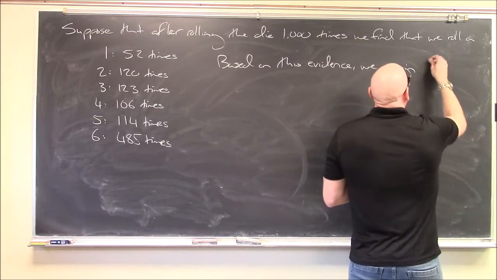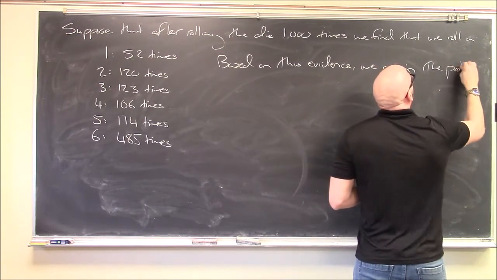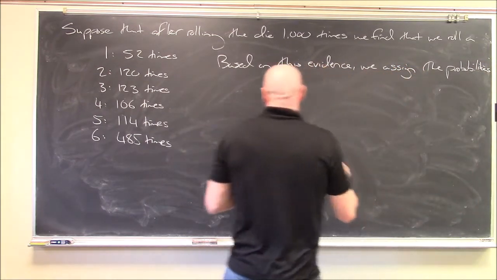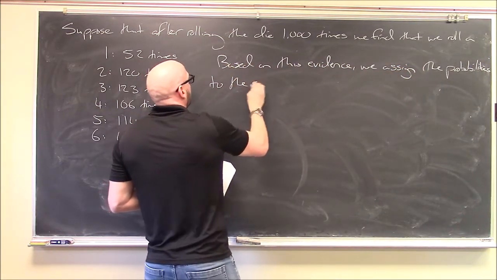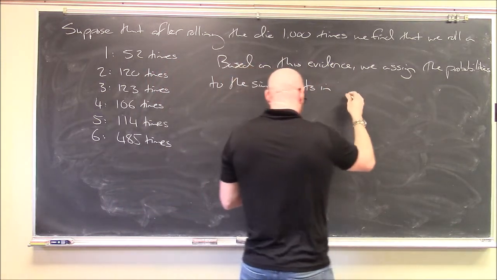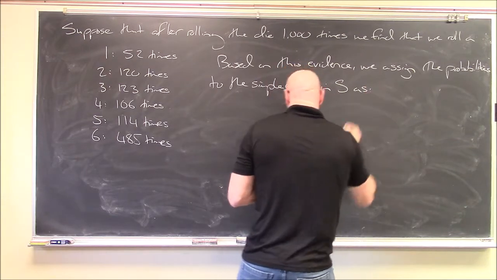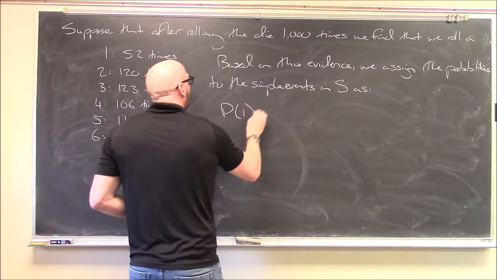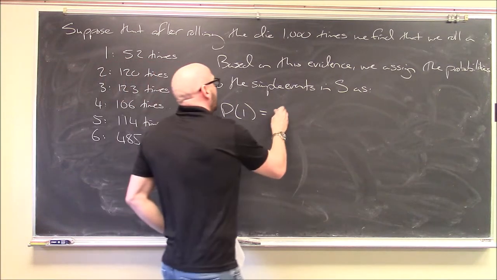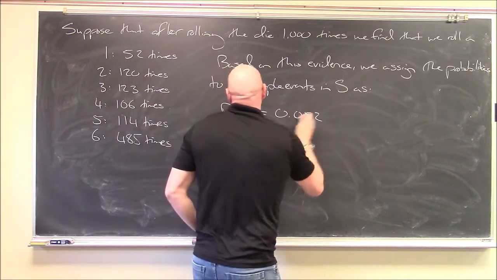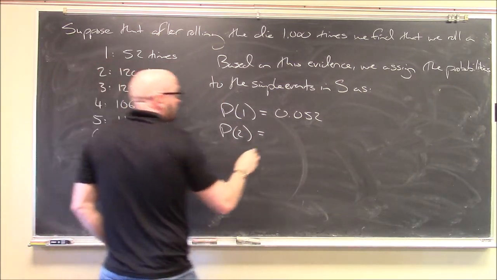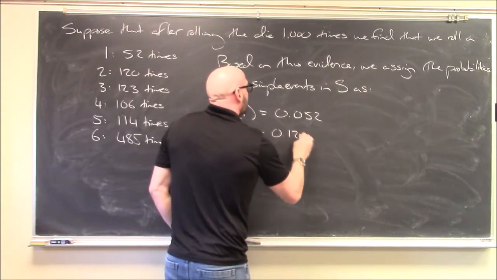So we assign the probabilities to the simple events in S as follows. Probability of rolling a 1: well, it looks like it should be 52 out of 1,000, or 0.052. Probability of rolling a 2 looks like it's 120 out of 1,000, so 0.120.